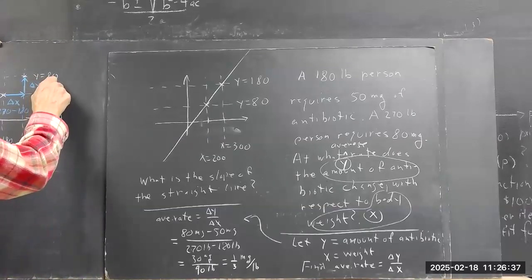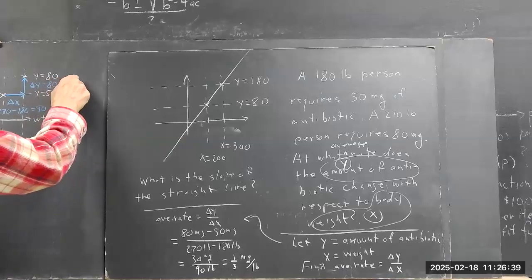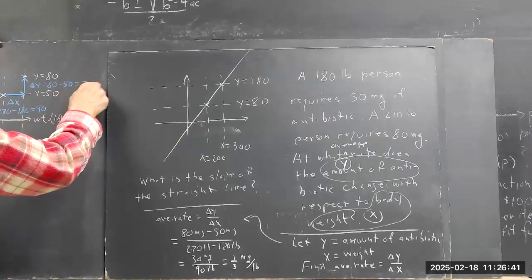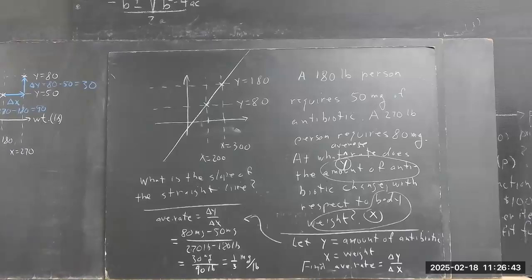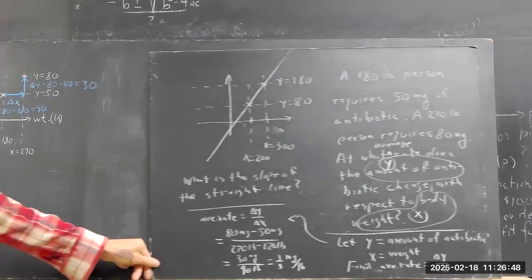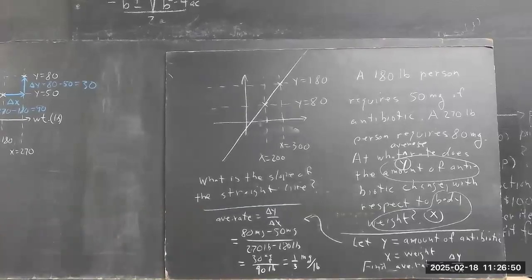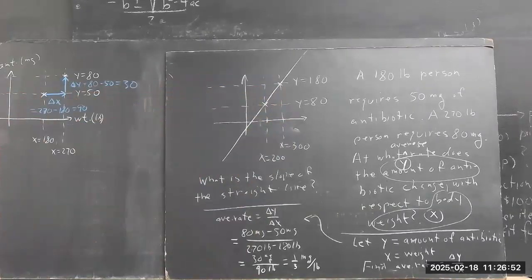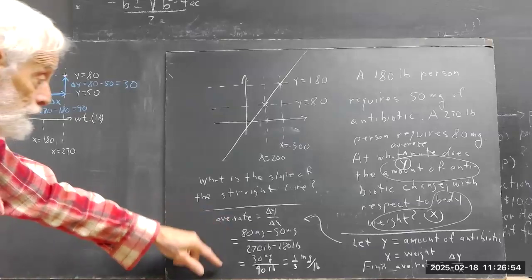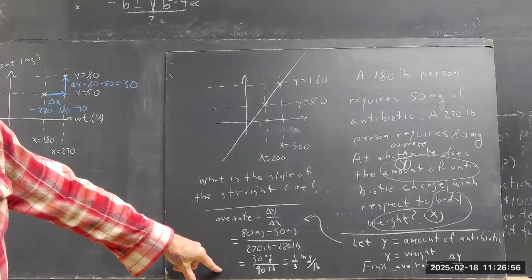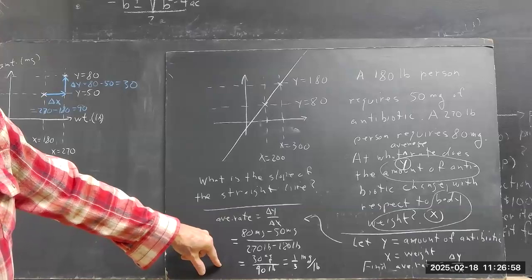And delta y equals 80 minus 50 equals 30. Does that make sense? So this is a graphical depiction of our information and the details of our calculation.